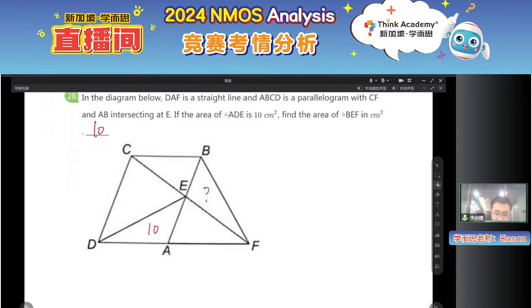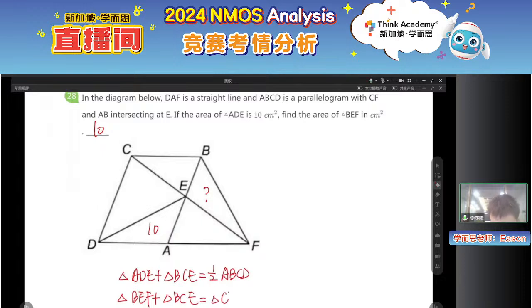To prove they're equal, maybe we should add the same area to both, which is quite obvious, the BCE. You would see that ADE plus BCE is half of the ABCD, whereas BEF plus BCE is the area of CBF.